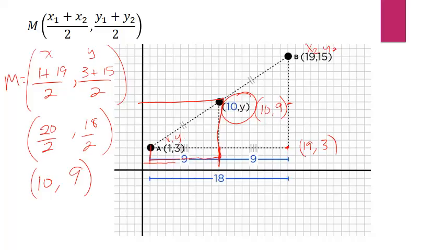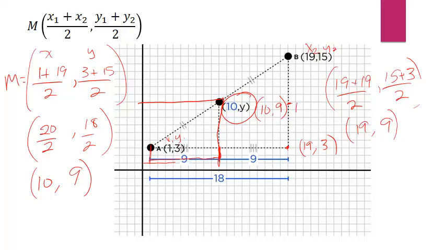So if we go our x's, x1 plus x2 is 19 plus 19 divided by 2. And our y's are 15 plus 3 divided by 2. So we're going to have 19, 18 divided by 2 is 9.